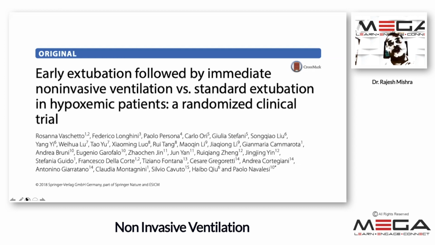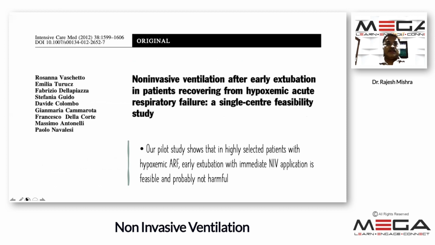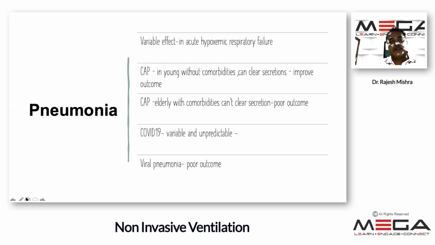Nowadays, a strategy is to extubate them early and put them on NIV or even high flow nasal cannula, help them wean early, give them spontaneous movement and mobilize them early. It's another strategy being used in a selective group of patients with appropriate success. Non-invasive ventilation after early extubation, this study has confirmed that it helps.